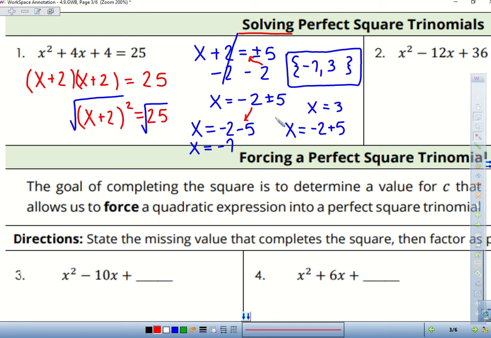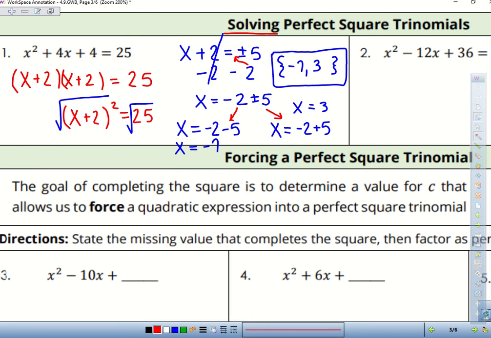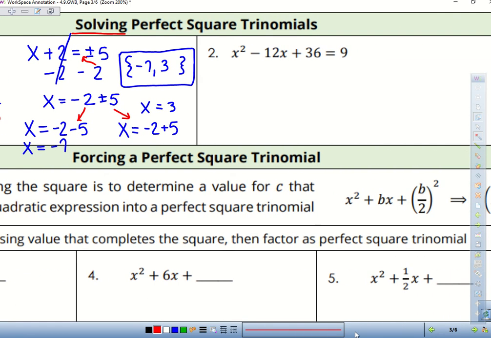So you always rewrite one as the plus and one as the minus. And the sign that changes is always in the middle. How do we know what order? It doesn't matter. So I could do 3 and negative 7? You can. I usually write it in numerical order, the lowest and then the highest, but you don't have to. A set doesn't care about the order.